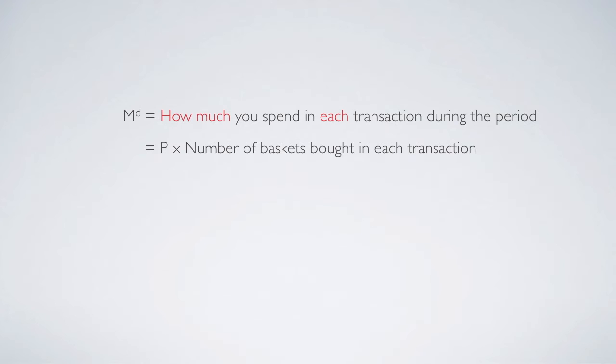Whenever you buy something, it is a price times the number of baskets you bought. If we focus on the number of baskets the consumer bought in that transaction, we use the notation L.